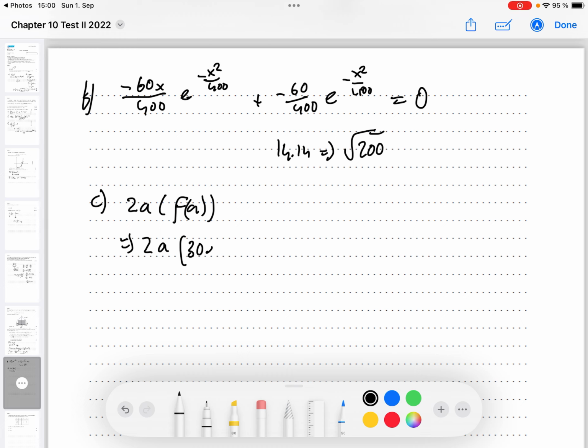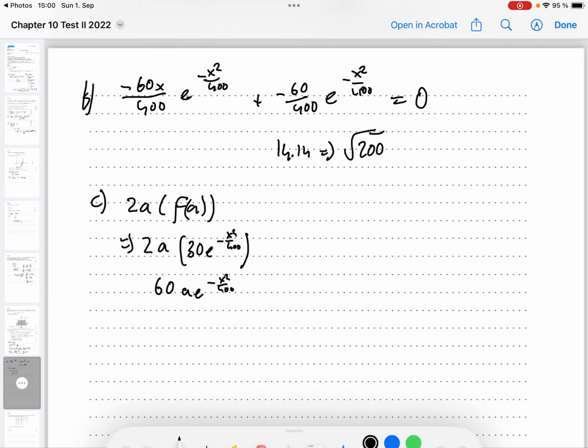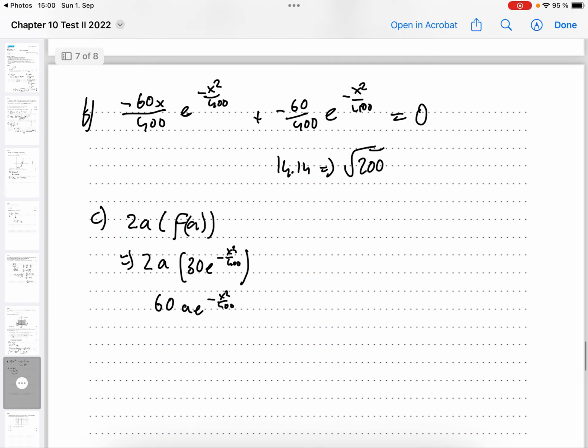So we say 2a times 30e to the negative x squared over 400. And multiplying this out, we have 60ae to the negative x squared over 400 as being the area of the rectangle.